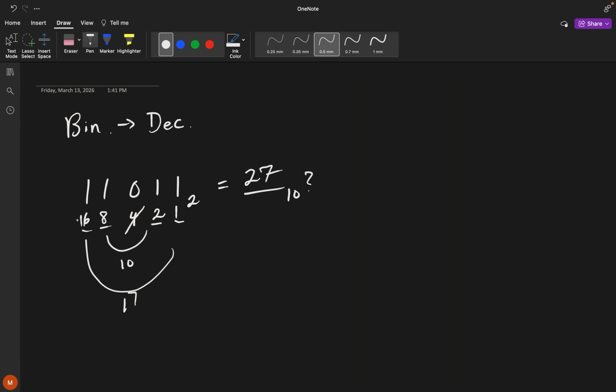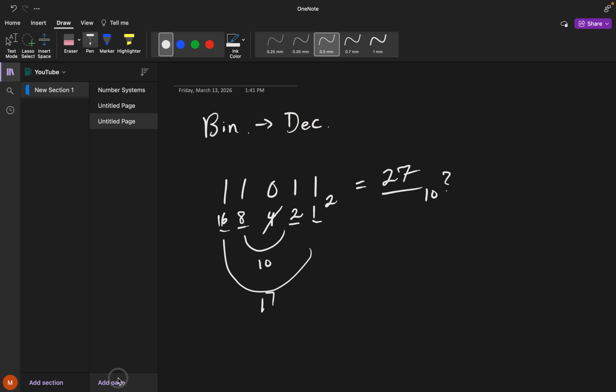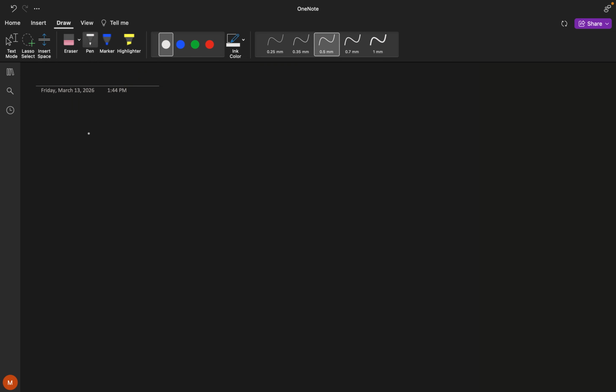Okay, so now let's go the other direction. So not binary to decimal, but decimal to binary. This is decimal to binary conversion.